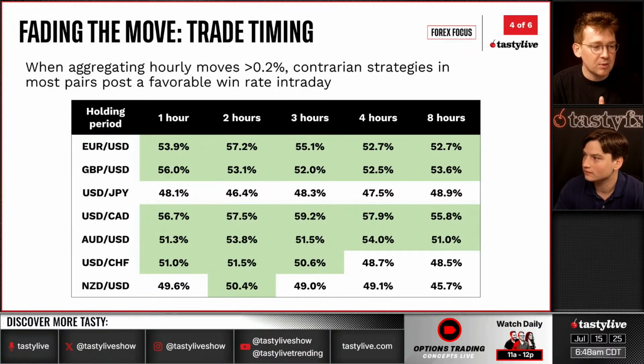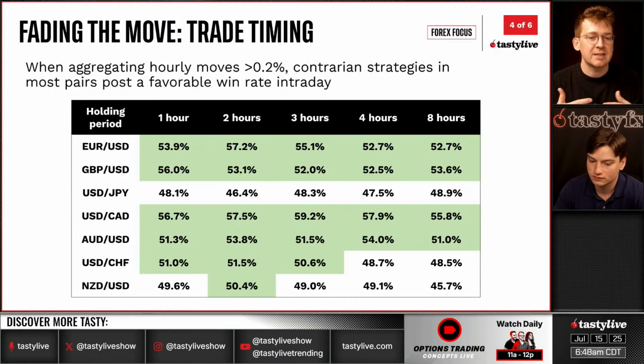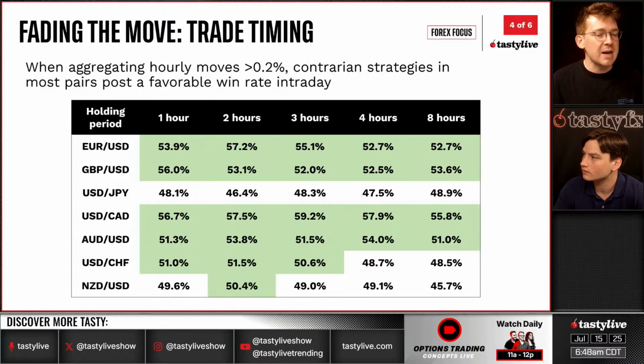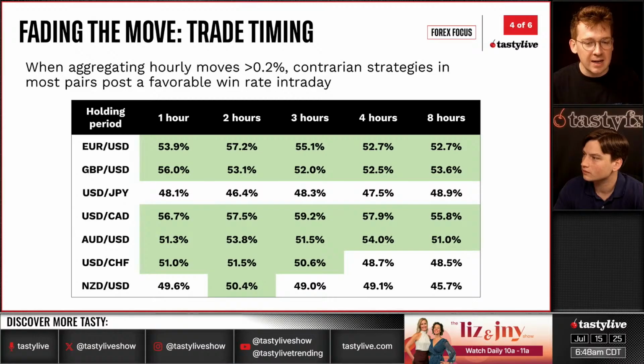And so it's helpful data in the fact that 5 out of 7 of these markets tend to reverse a big hourly move rather than continue in it. Now, of course, that doesn't mean I'm just going to do this blindly every single time with all these different markets and I'm always going to make money. Of course not.